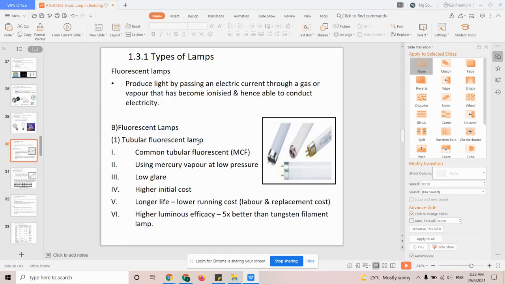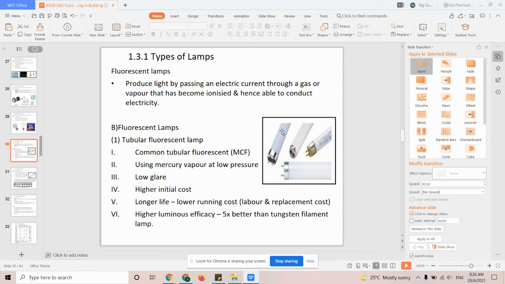And then next we have what is now currently very commonly available all around us. When it comes to commercial, you'll notice that you'll be able to see a lot of fluorescent lamps, which is this long tube. You'll find a lot of it in a lot of commercial buildings.